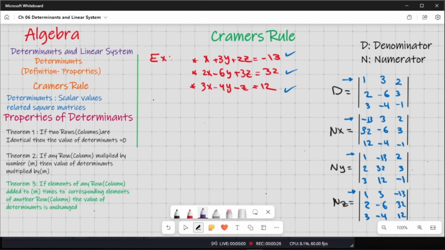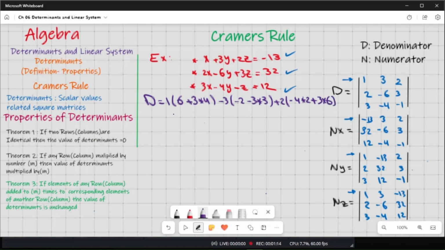D will be equal to 1 into 6 plus 3 into 4 minus 3 into negative 2 minus 3 and 3 here plus 2 into negative 4 and 2 plus 3 and 6.